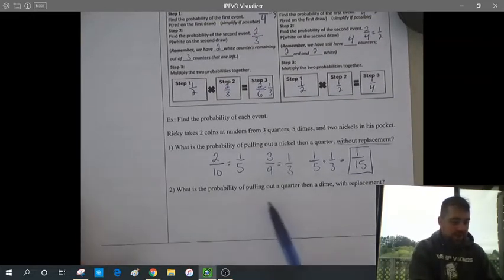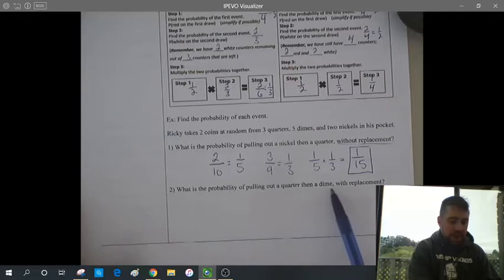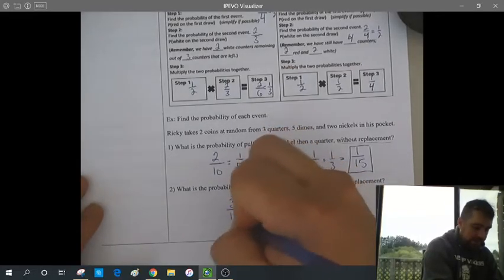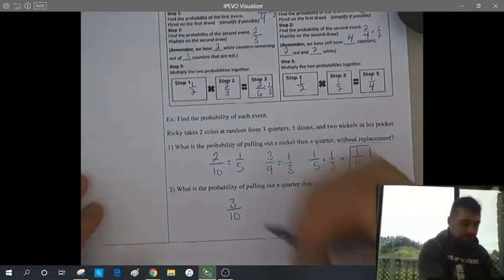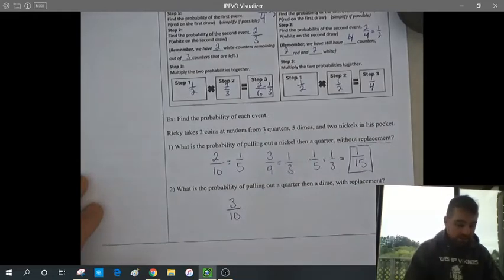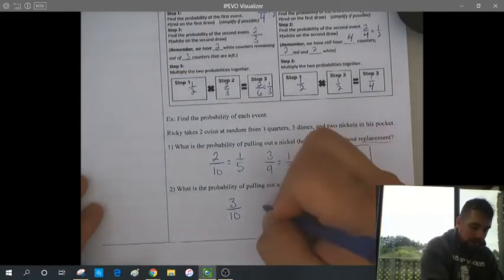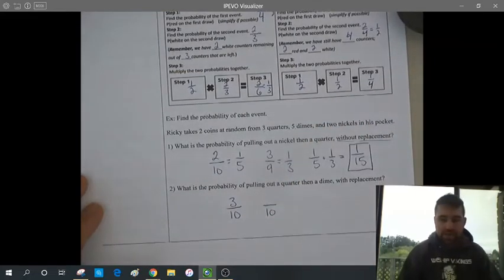Number 2: what is the probability of pulling out a quarter and then a dime with replacement? So there were 3 quarters out of the possible 10 coins to choose from. That one's not going to reduce. Now we're going to replace the quarter if we drew it, and so there's still going to be 10 in the second event.